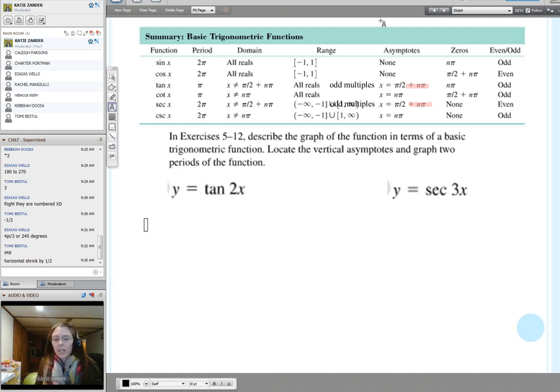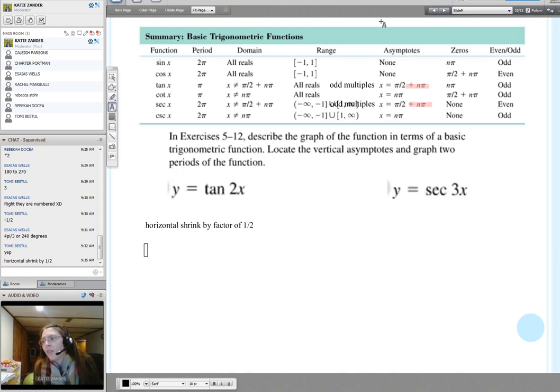Yeah, and you're going to notice that a lot of the transformations are regarding horizontal stretches or shrinks with these. And the reason for that is because the horizontal stretching and shrinking is going to affect your asymptotes. Nothing else affects the asymptotes except the horizontal stretching and shrinking. So they really like to throw those in with these functions.